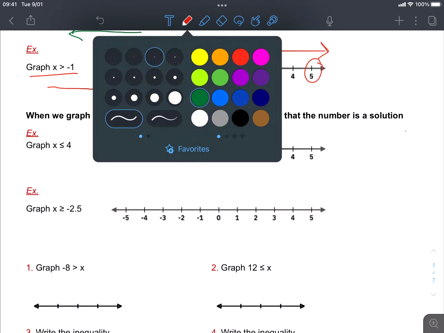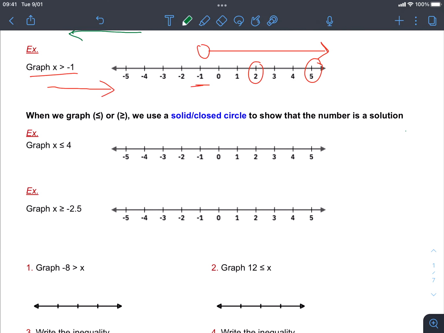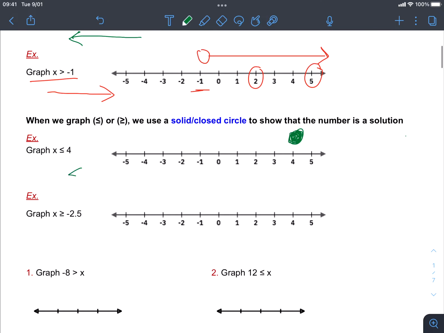So when we have a closed circle, like x is less than or equal to 4, the only difference is that we are going to have a closed circle where it's filled in. It's going to look like that. And again, my inequality tells me to draw my arrow that way.